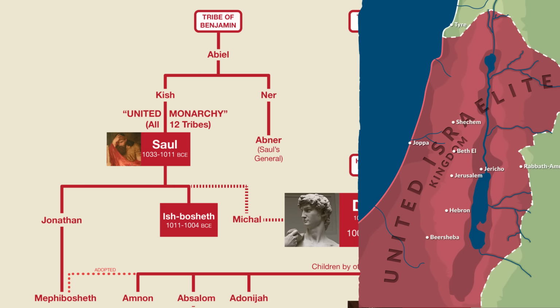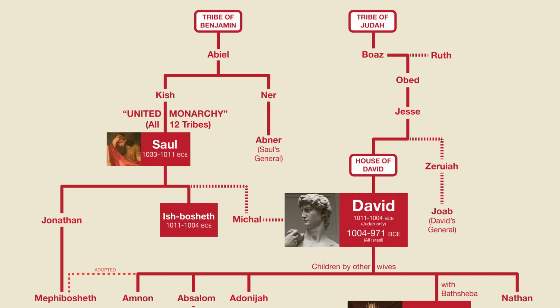Now, as I mentioned in part 1, there is no evidence outside of the Bible that a united Israelite kingdom ever actually existed. When we look at the archaeological record for this time period, what we find is a bunch of small Israelite villages with seemingly no centralized government. This greatly contrasts with the biblical description of the period, which paints Israel as being a large, powerful, and extremely wealthy nation.